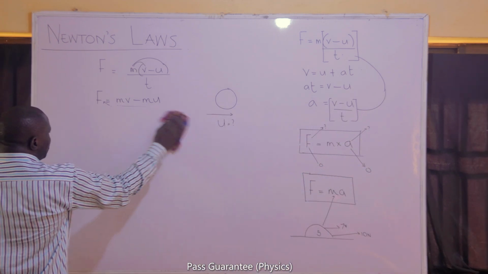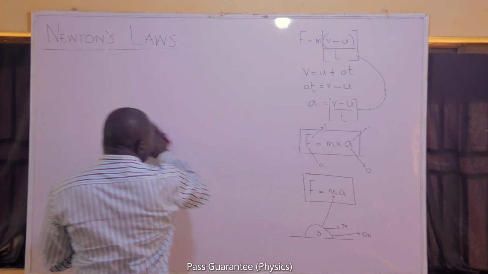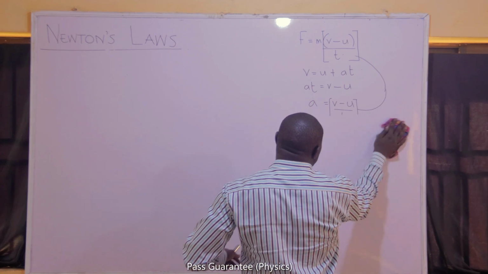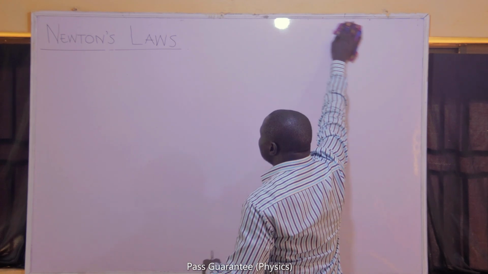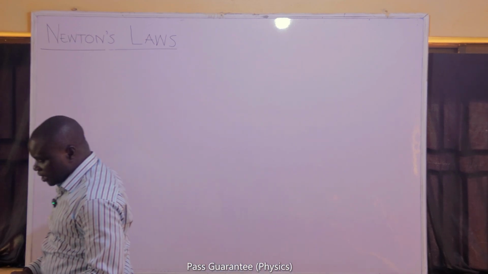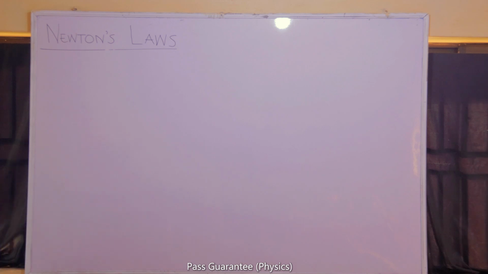We are going to take some examples on this aspect so that you start to see what we refer to as impulse as being completely different from so many other quantities that we have learned before. Now, I'll take the first question.